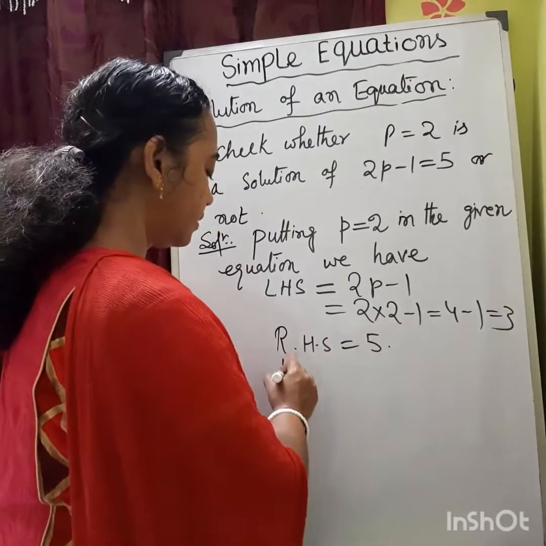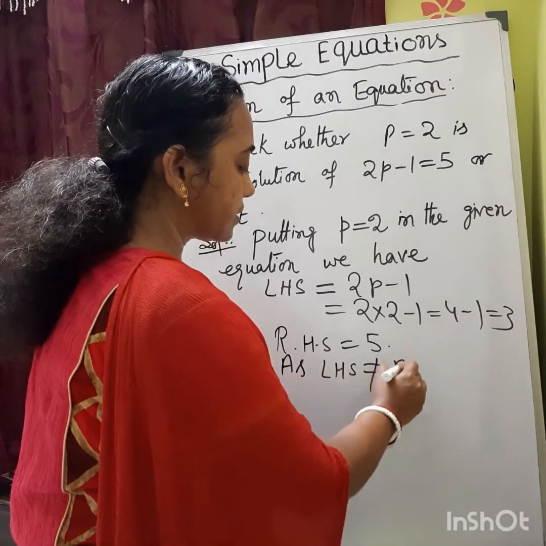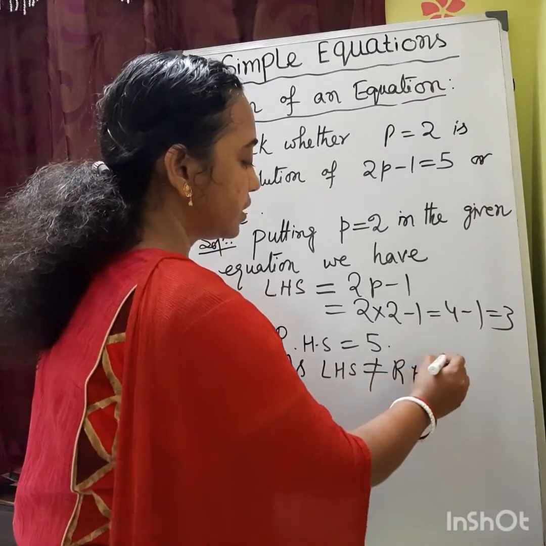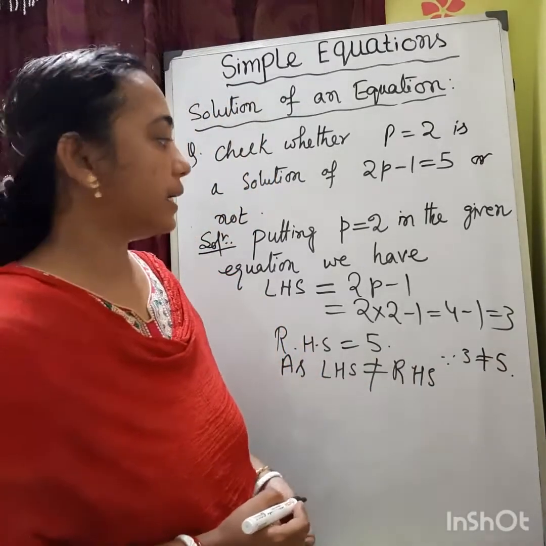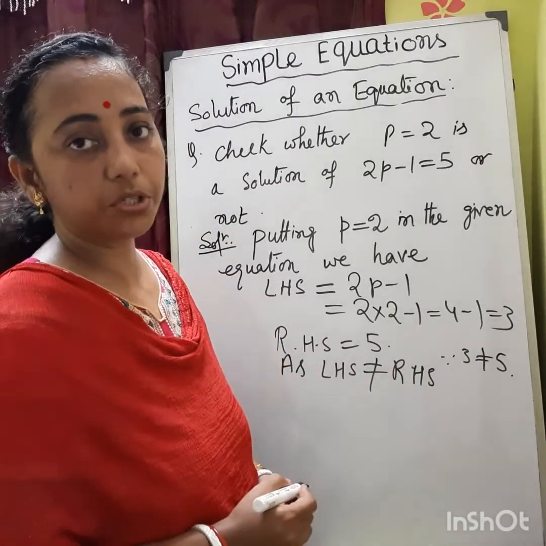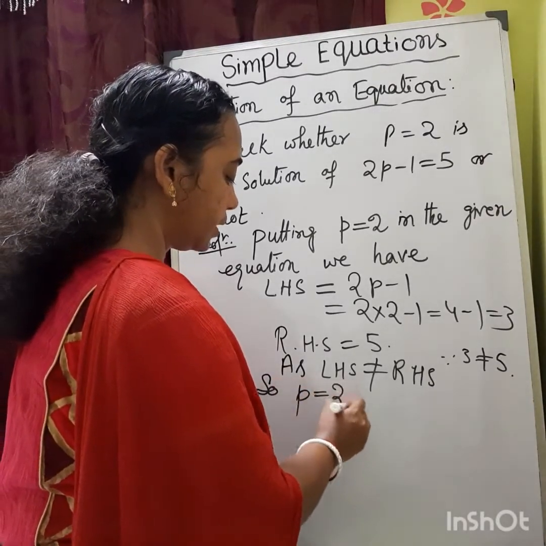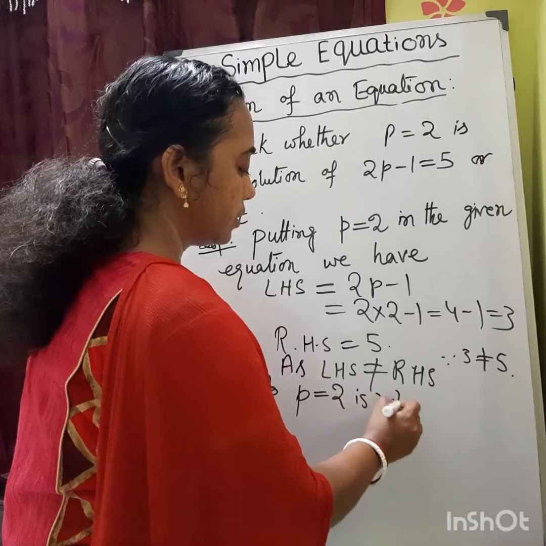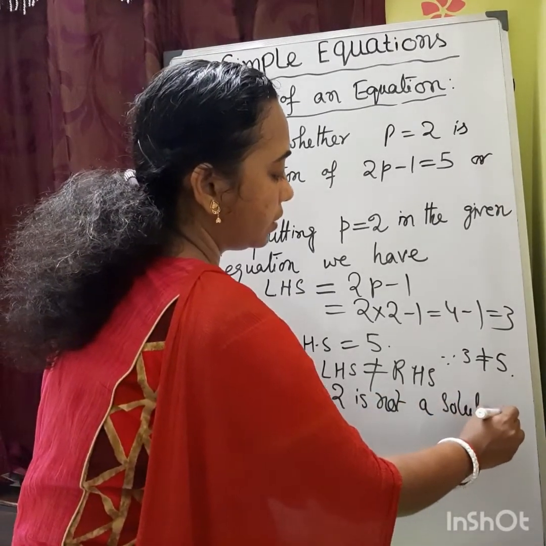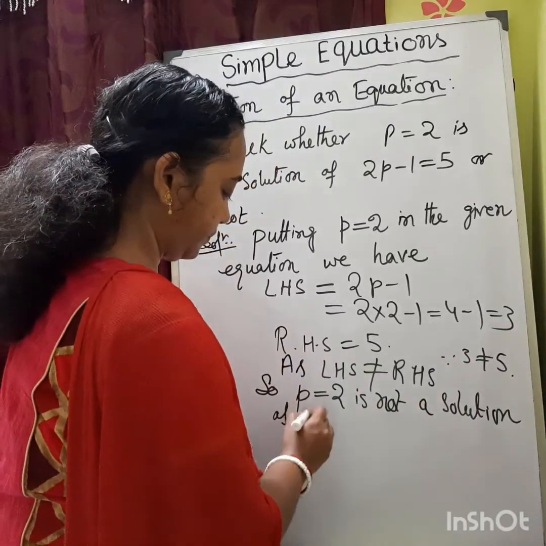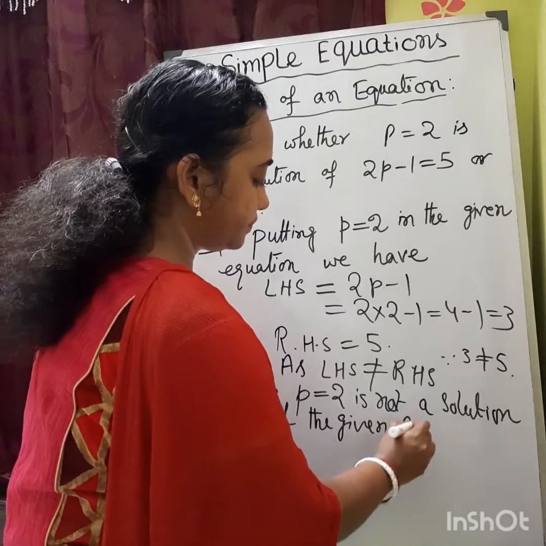So as the left hand side is not equal to the right hand side, since 3 is not equal to 5, we can say that p equal to 2 is not a solution of the given equation.